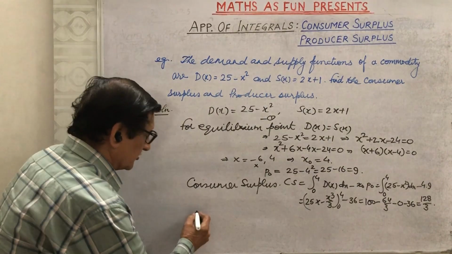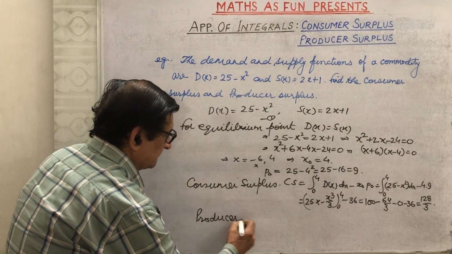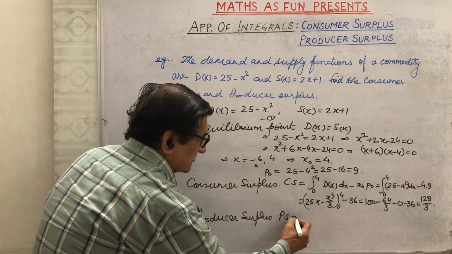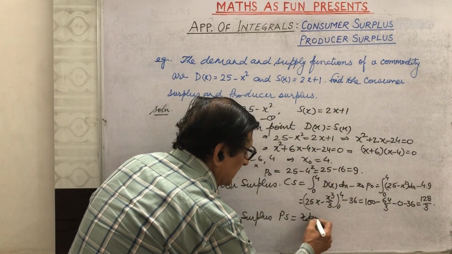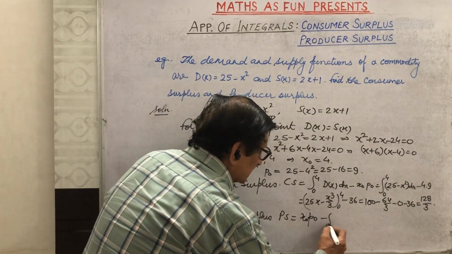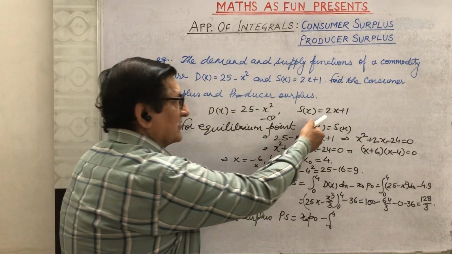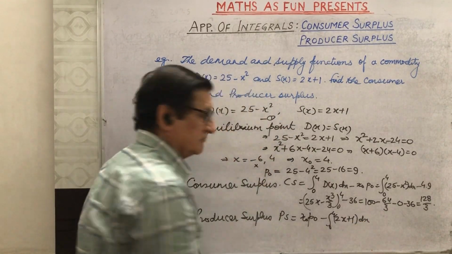Now we'll try to find out the producer surplus. That is PS. And we know the formula for that is x0 into p0 minus the integral from 0 to 4 of s(x), s(x) is 2x plus 1, into dx.